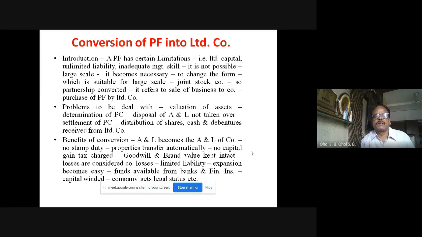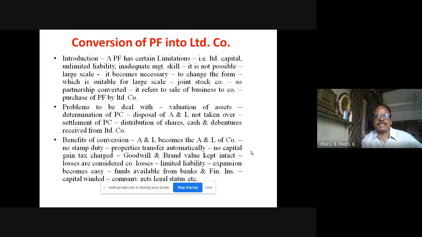Then, whatever losses are with the partnership firm are considered as losses of the limited company. So if the partnership firm is to be converted into a limited company, many times there are huge losses with the partnership firm.